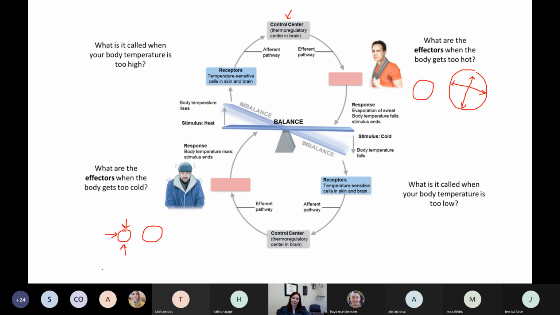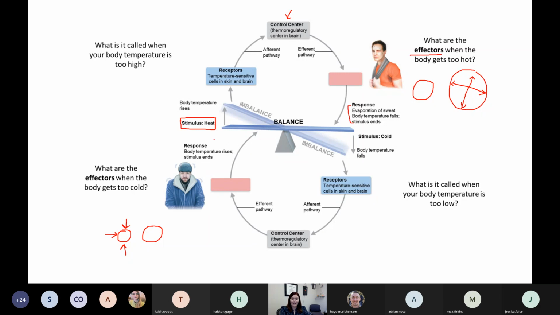When we look at the way that body temperature regulation works, it's something that we call a negative feedback loop. What that means is whatever my stimulus was, my effectors are going to do the opposite of that.